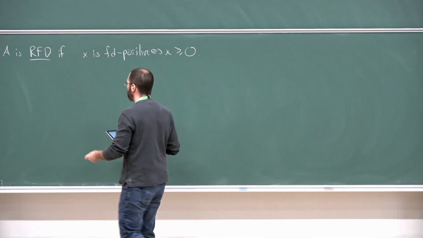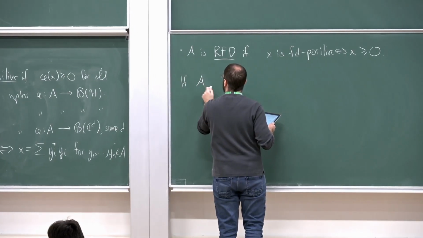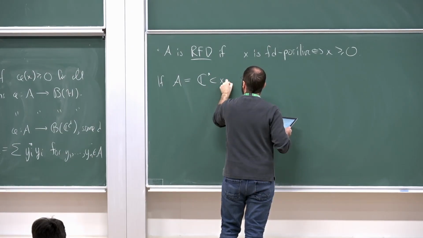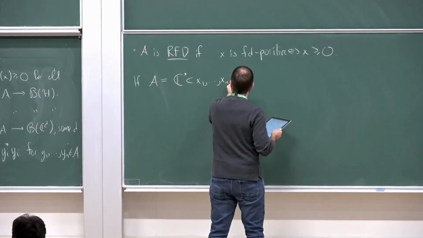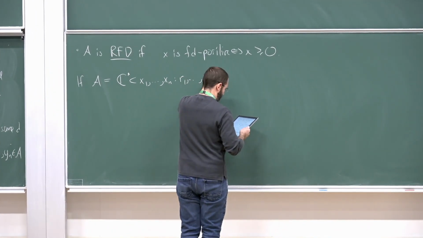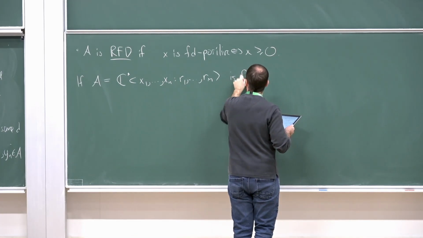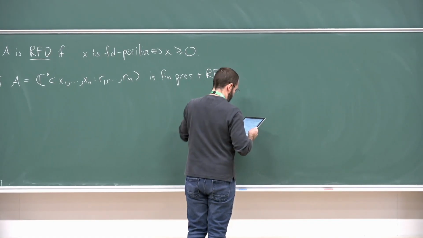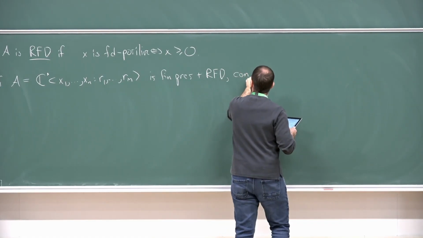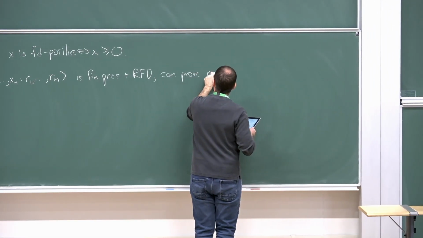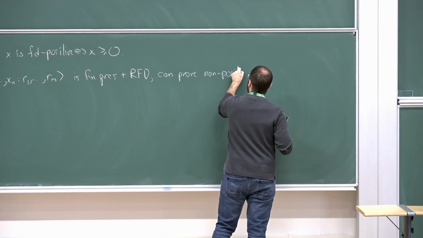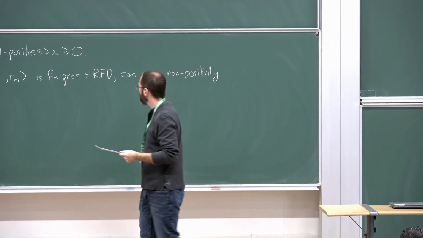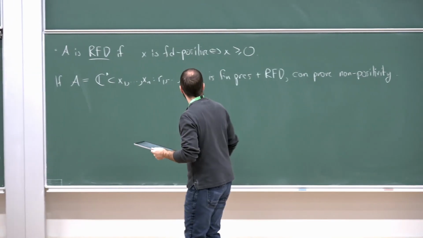If A is finitely presented, in other words, if it is the star algebra given by some generators subject to some relations, and is RFD, then we can prove non-positivity. And why is that? Let's say that we have an element which is non-positive.